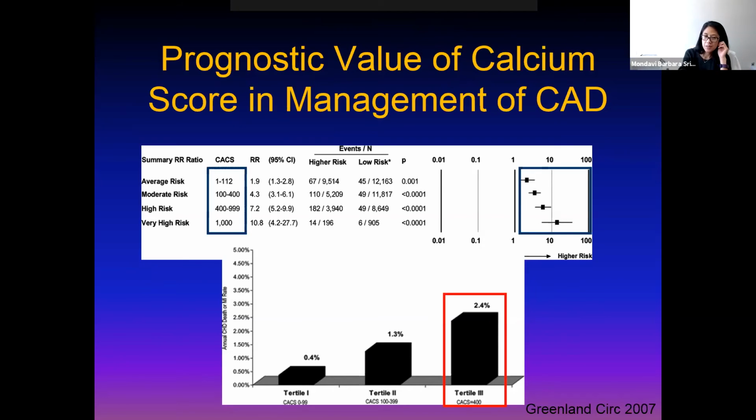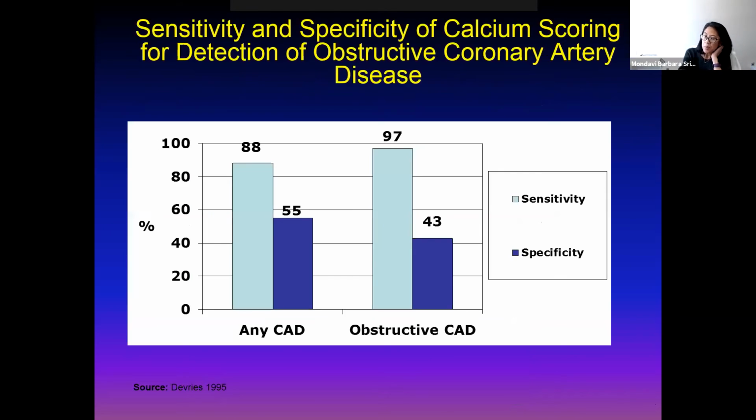Higher event rates. But it's important to note that just because you have a high calcium score, that doesn't necessarily mean you have obstructive disease. So we can see here that it signifies the presence of atherosclerosis, but it's not very good at saying, okay, just because your calcium score is really high, it means you have a 90% stenosis there.